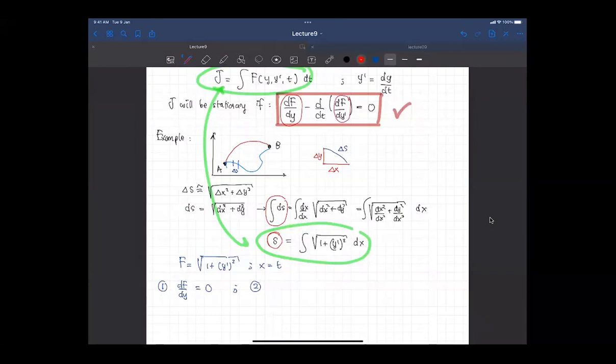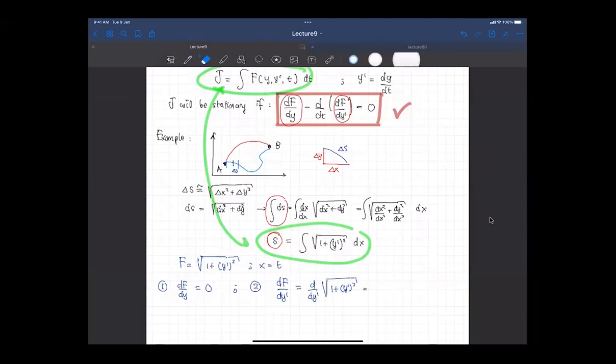The second term is a bit more complex. First we have to compute df/dy prime, right? So what is df/dy prime? Anyone? This is d/dy prime of the square root of 1 plus y prime squared, which equals what?